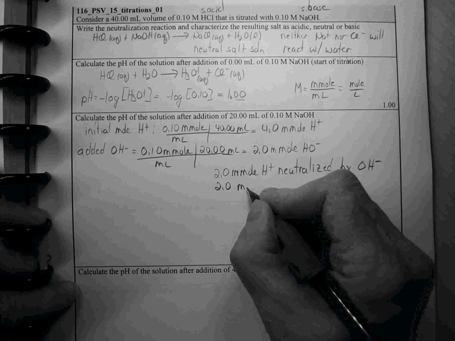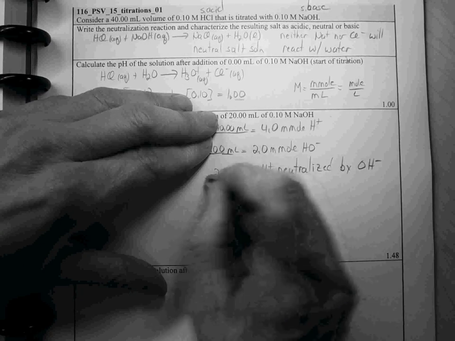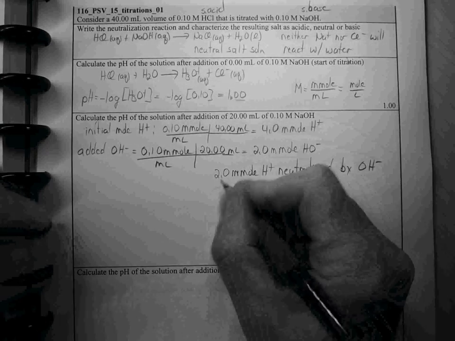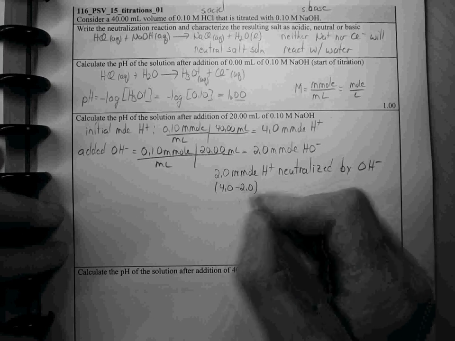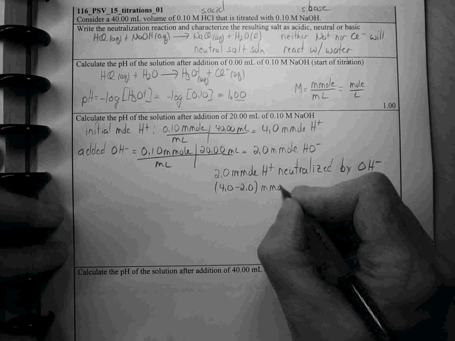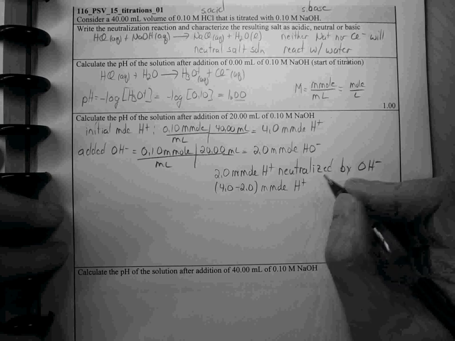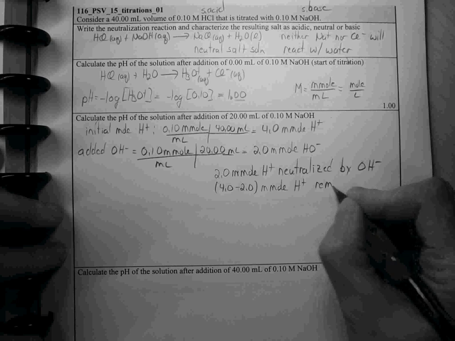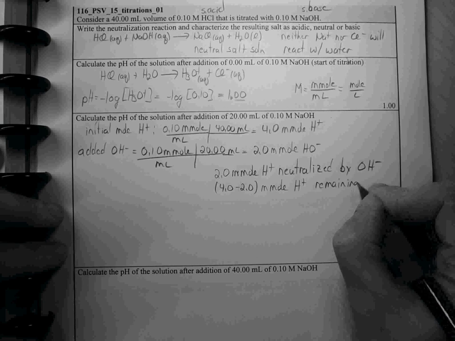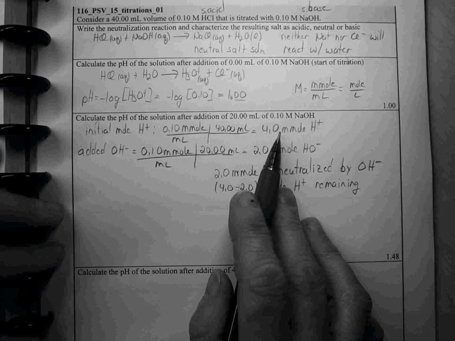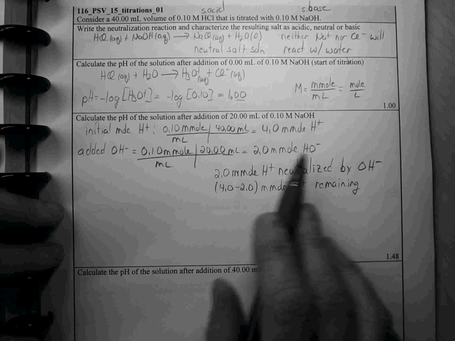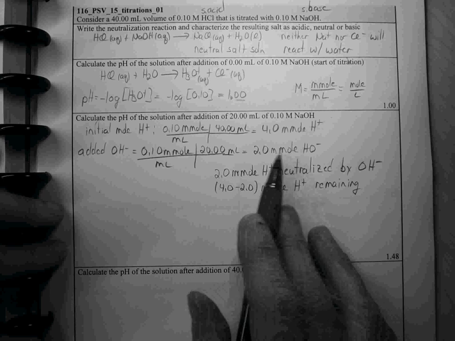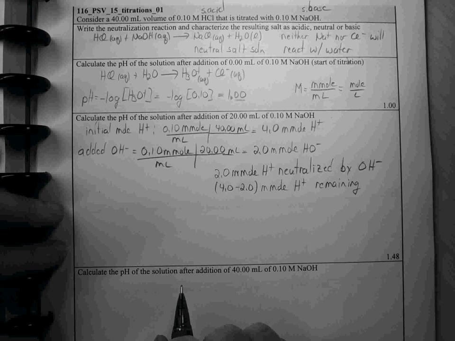Therefore we have 4 minus 2 millimoles of H plus remaining. Again, we started with 4 millimoles of H plus. We've added 2 millimoles of hydroxide, which has neutralized 2 out of the 4 millimoles of H plus.